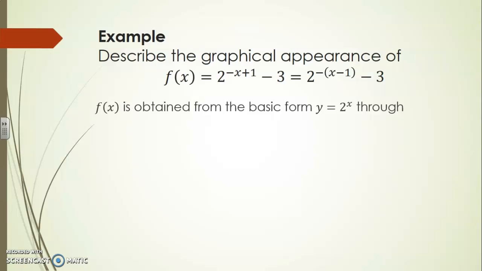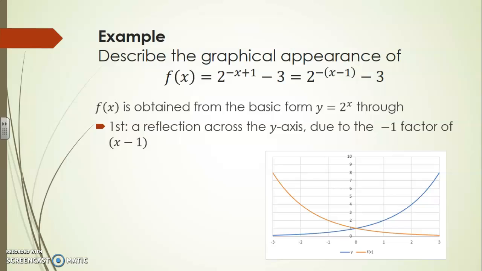The function as it's currently given is obtained from the basic form 2 to the power x, but a few things have occurred along the way. First of all, there's a reflection across the y-axis due to the minus 1 factor in front of the x minus 1. So in blue, you have the basic curve y equals 2 to the power x, and in orange, you would have its reflection.